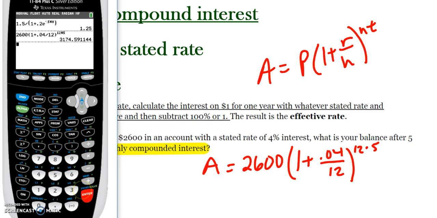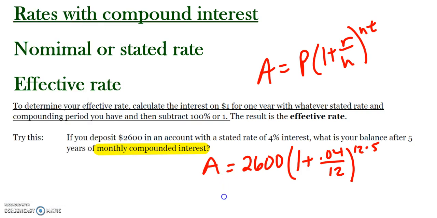And then we'll push enter. Whenever we're dealing with money, you're always going to round to the nearest cent. So we have approximately $3,174.59.